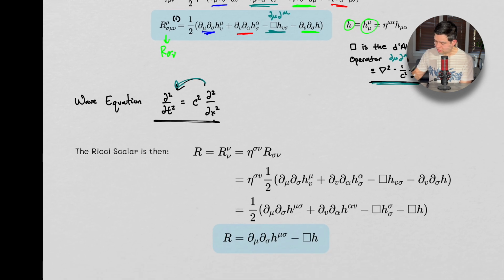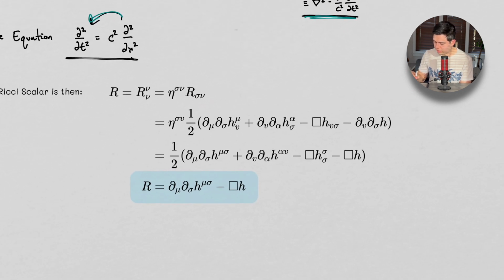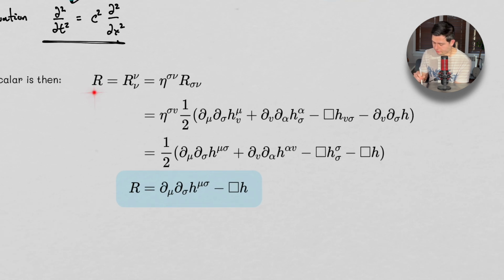Now let's take a look at the Ricci scalar. The Ricci scalar is going to be a contraction of the Ricci tensor, okay? And so if we go ahead and do that contraction, this is what that looks like, okay? We're contracting this with the Minkowski metric so that we can get R here.